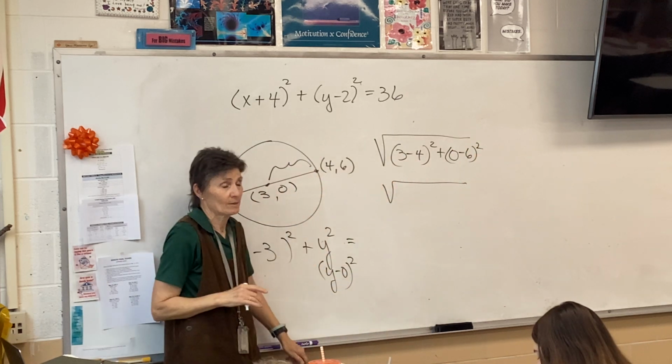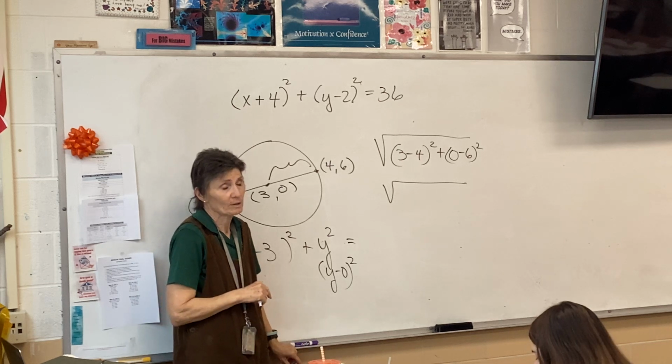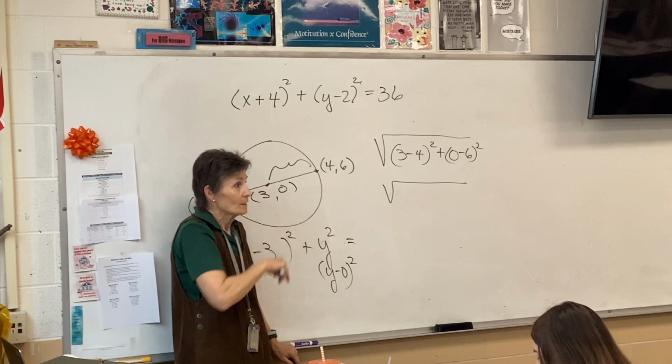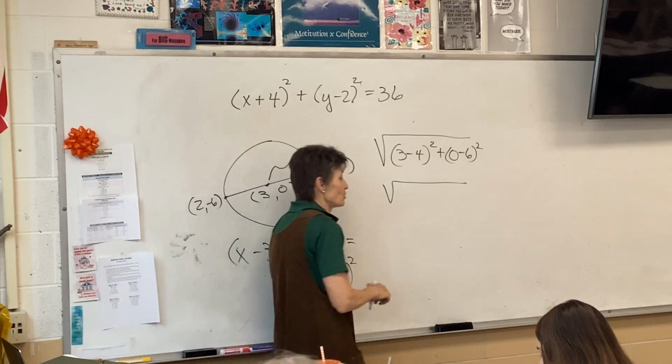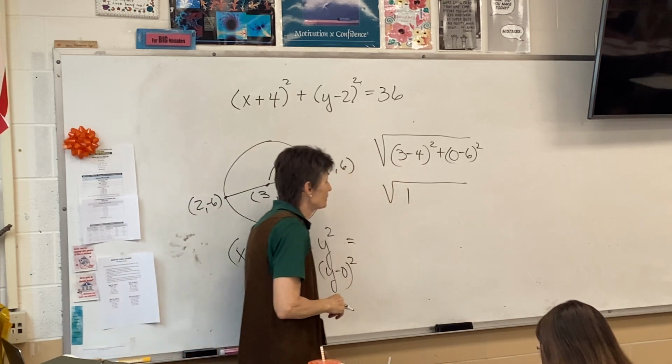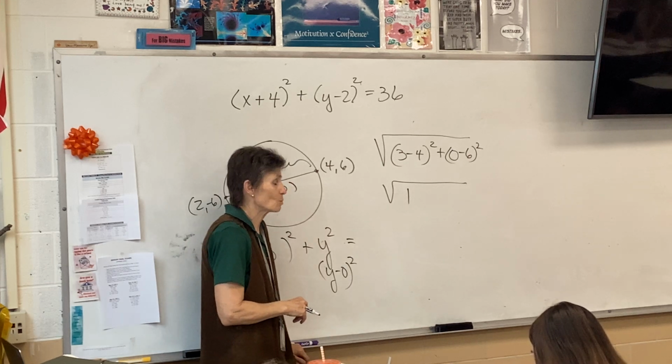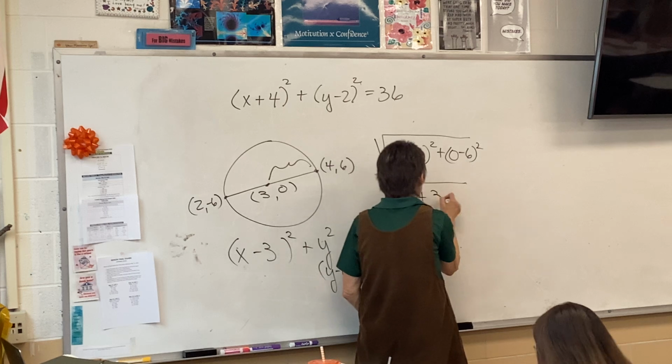You'll have a calculator. Let your calculator help you with the arithmetic if you need it. 3 minus 4 is -1, and -1 squared is 1. 0 minus 6 is -6 squared is 36.